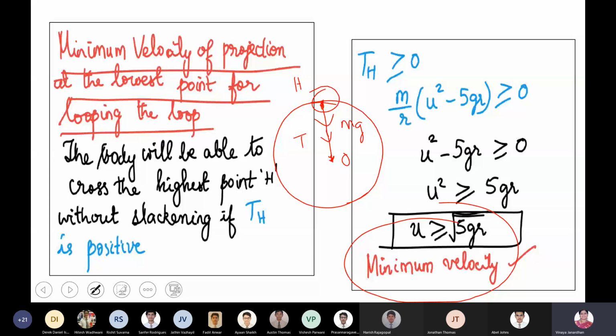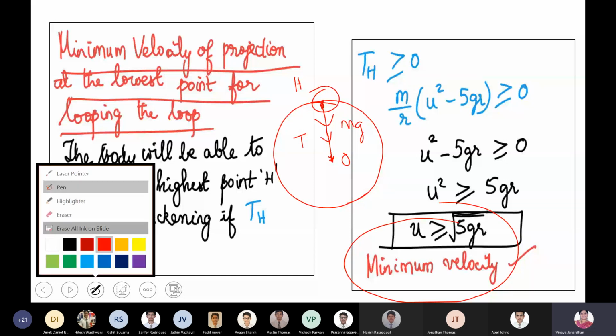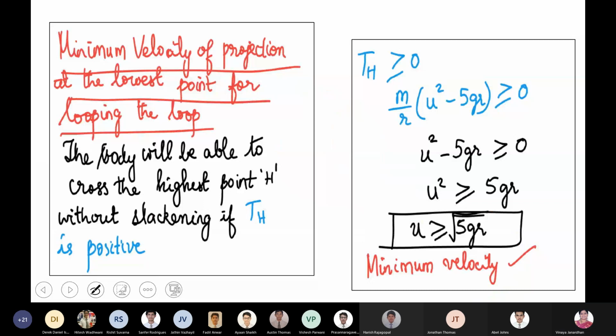What is that minimum velocity? They're asking you. The condition is that the body will be able to cross the highest point without slackening. Here we are just considering the motion of a stone tied to a string, so the string should not slacken.